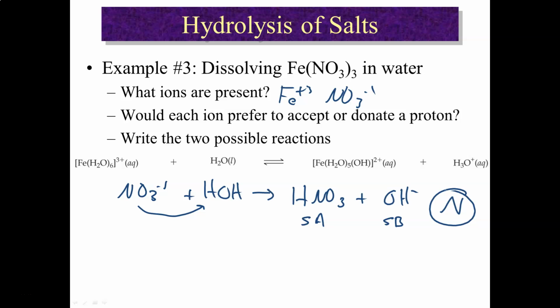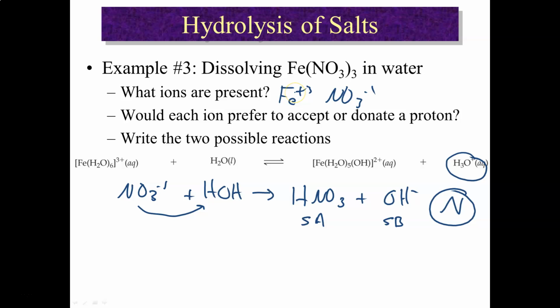Now the other one is a little bit weird. Fe plus 3, look what it does here. There's an equation on your note sheet. Even on your handout, in your note packet, it says, see the illustration on the next page. You're not required to write this equation, so don't lose your mind about this. But you need to know why H3O+ is formed.